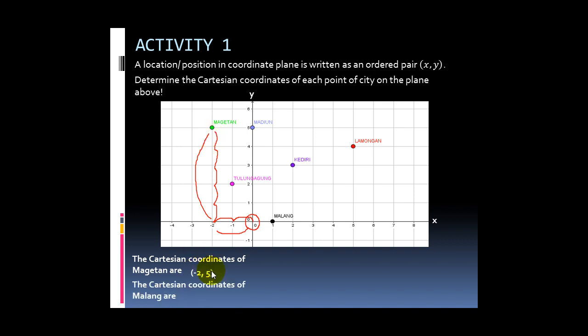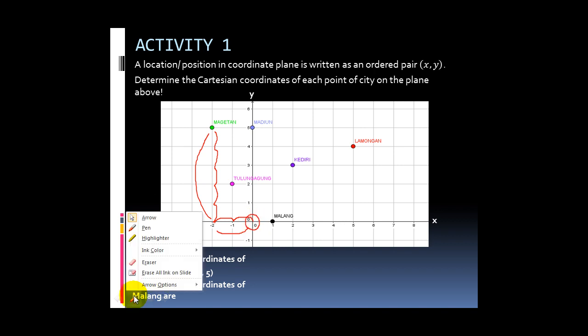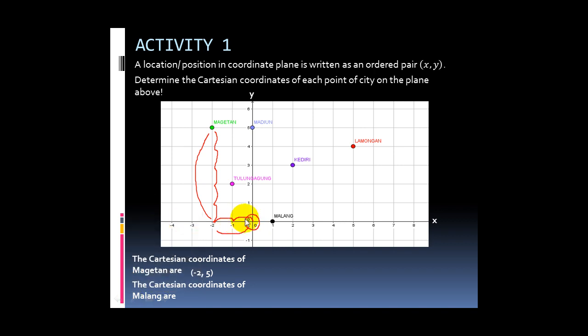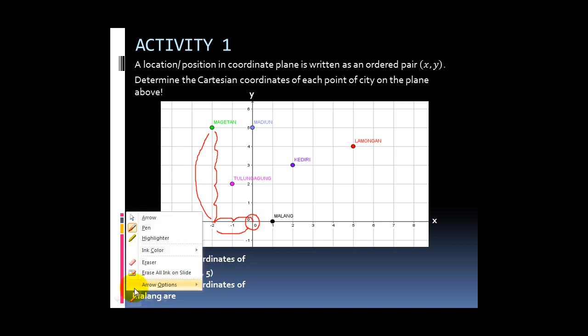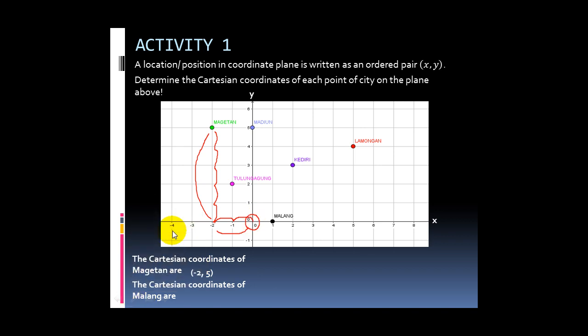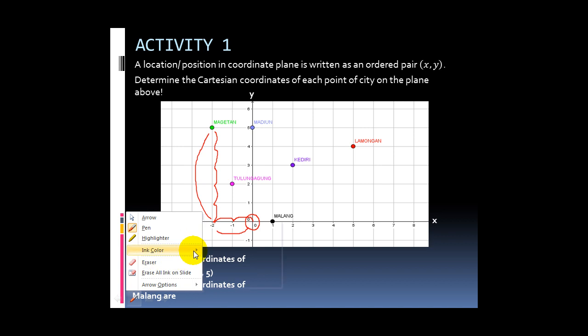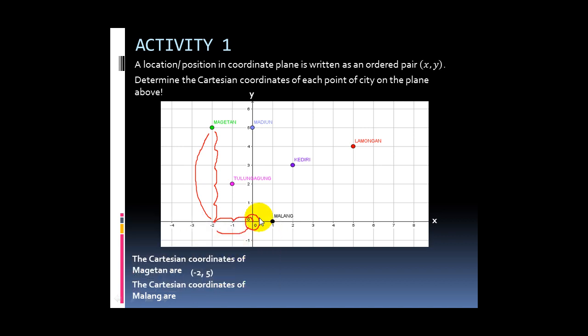Okay, and then the Cartesian coordinates of Malang. From the origin, we must go right, 1, and then Malang does not go up or down, so the y coordinate equals 0.